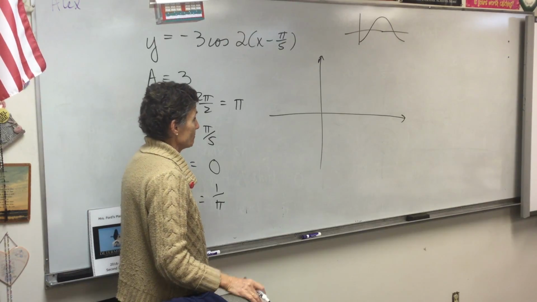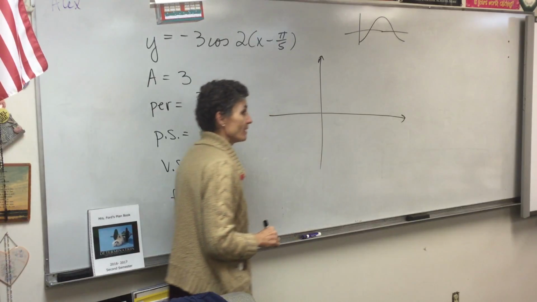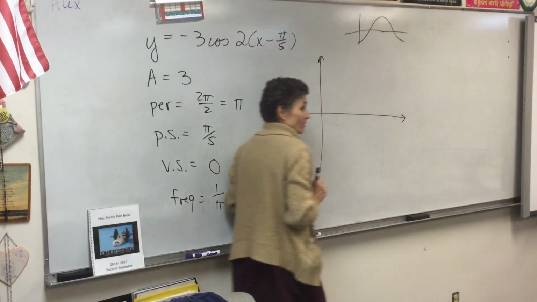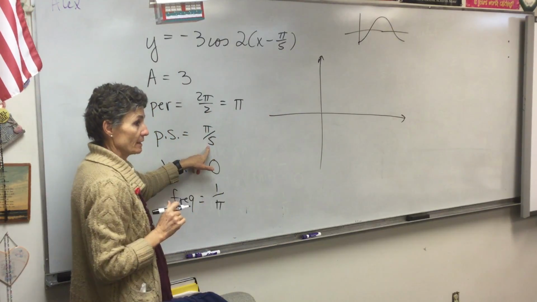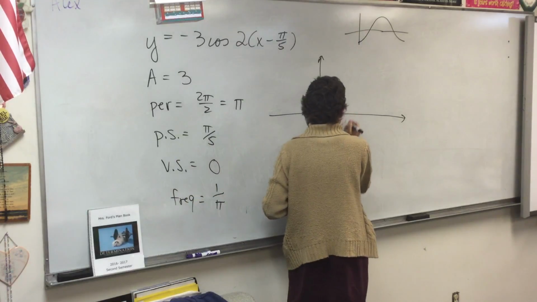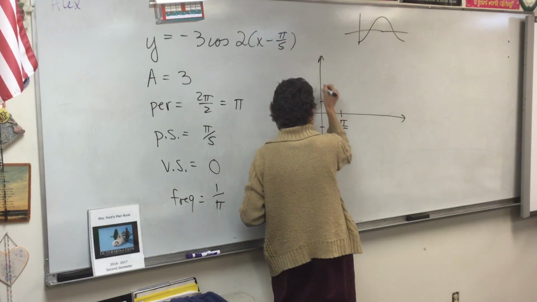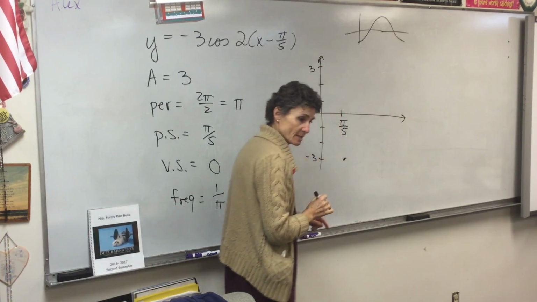Now here's the problem. I'm not just going to draw that right here on my big graph because this upside down cosine doesn't start here. Remember, we shifted it horizontally, which means it starts here. Right there is where it starts. Thank you, Deandra.